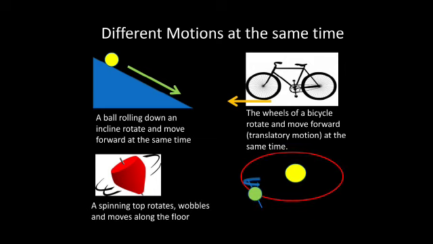In the fourth picture, you can see that the earth rotates on its own axis. At the same time, it revolves around the sun. So it follows two types of motion: one when the earth rotates on its own axis, that is your rotational motion. But when it revolves around the sun, it follows a circular path. Clear?